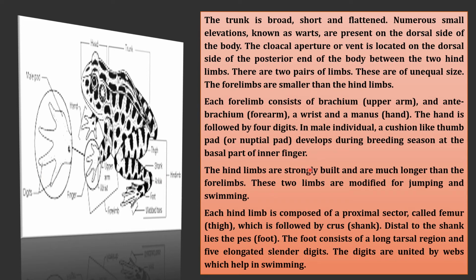Now see what they have told. In male individual, a cushion-like thumb pad develops during breeding season. Actually, this dotted portion, hope you see. Breeding season means when reproduction occurs in case of toad.